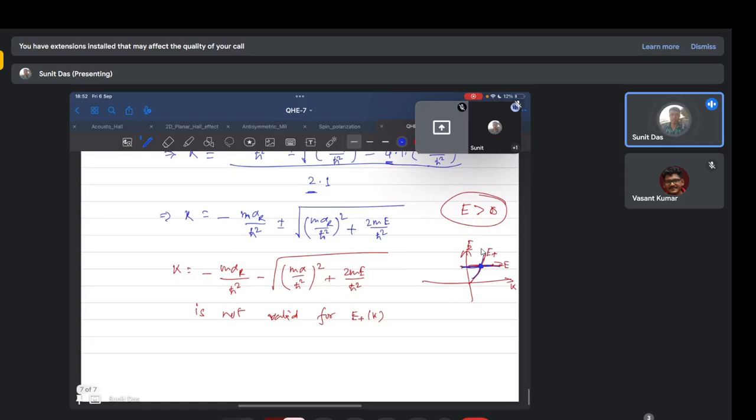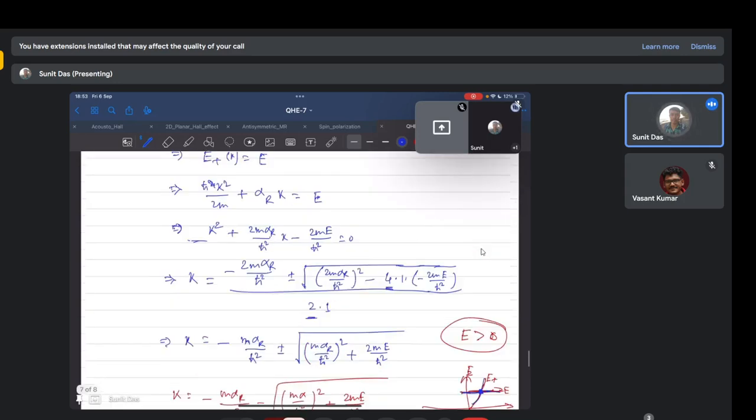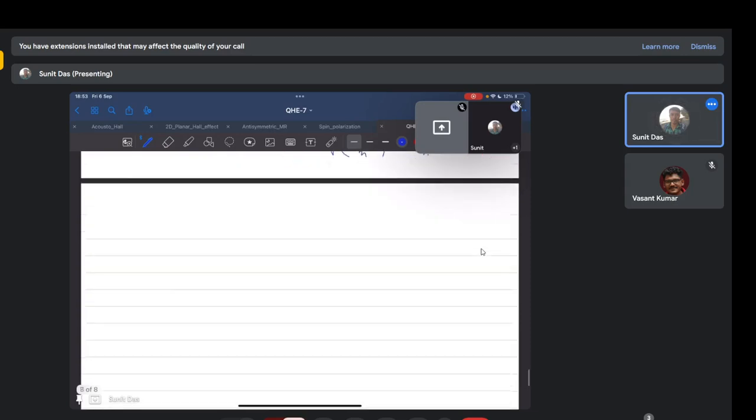So the only solution left for us is minus m alpha r by h bar square plus the root term. In this expression the sum is not needed. We only have one root, one physical root.